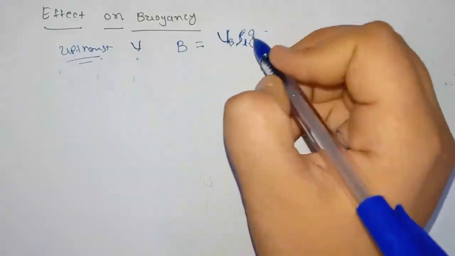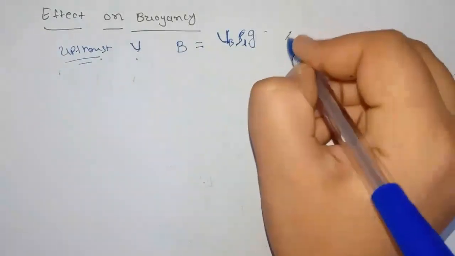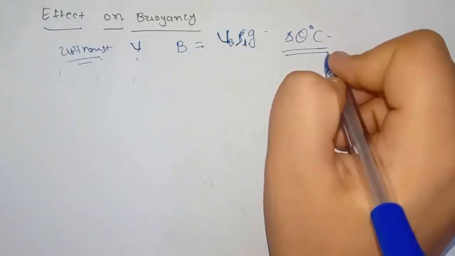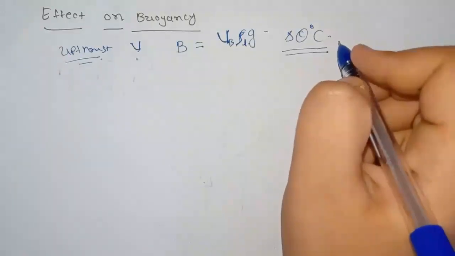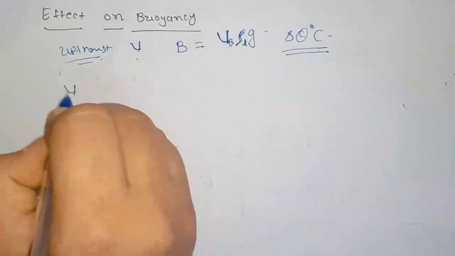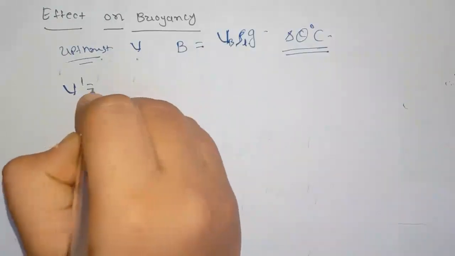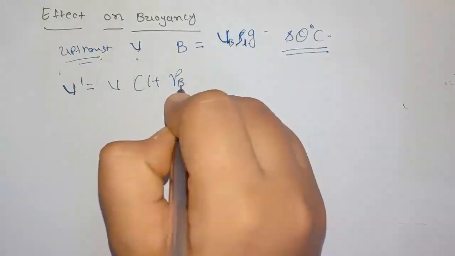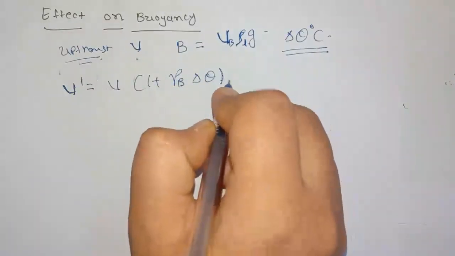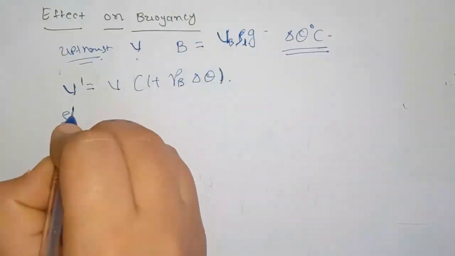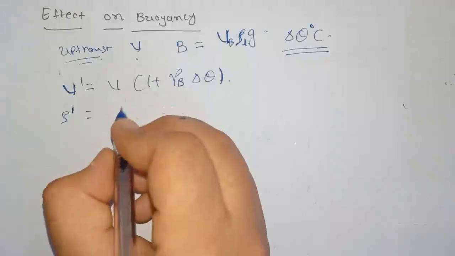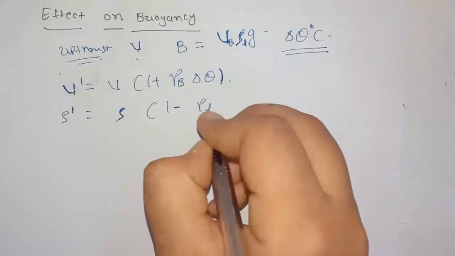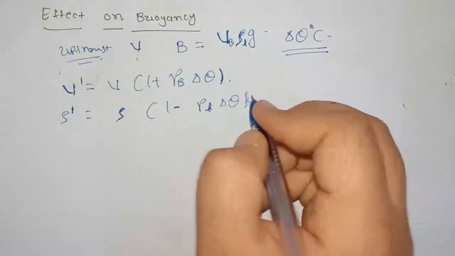Now, with rising temperature by delta theta degrees Celsius, due to expansion, the volume of the body will increase and the density of the liquid will decrease. So, the new volume is given by V dash is equal to V into (1 plus alpha body into delta theta), and the new density rho dash will be given by rho into (1 minus alpha liquid into delta theta).